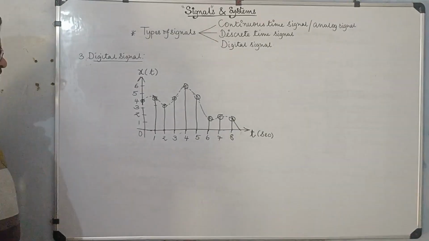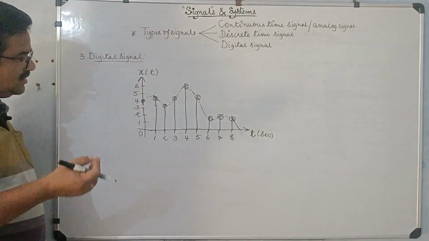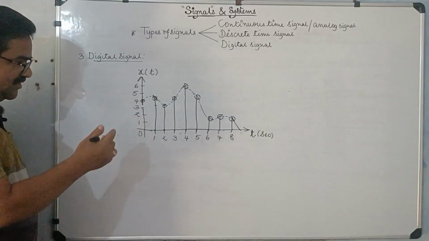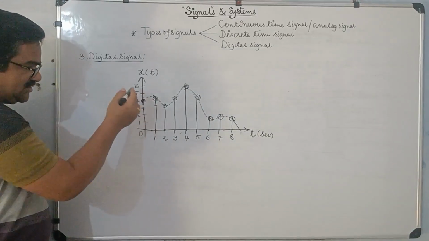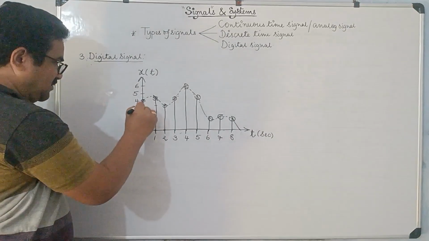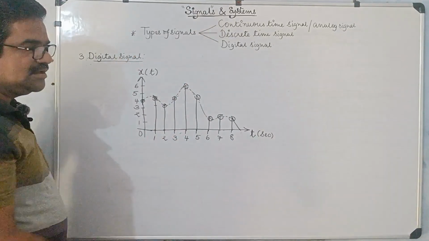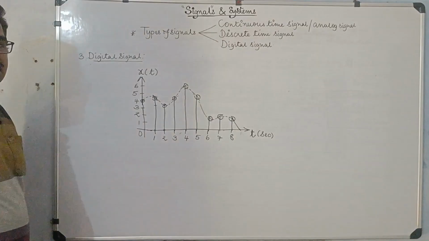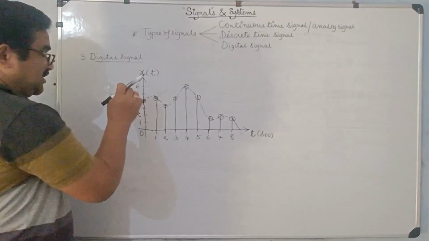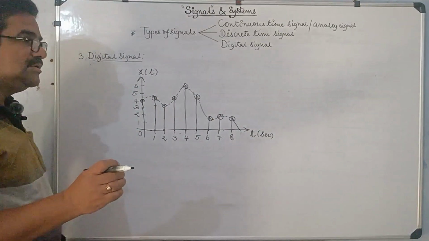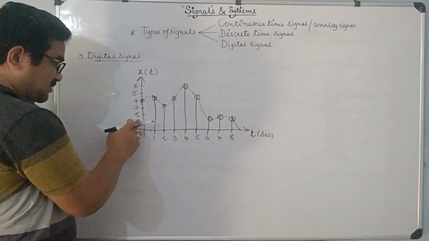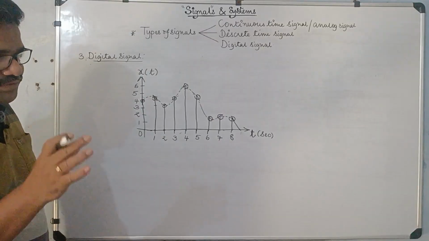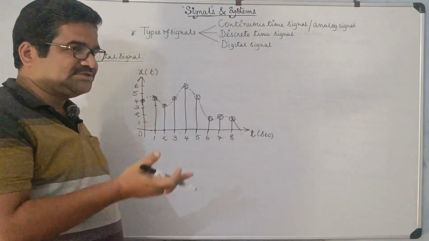Now, if I sample it, the signal is taking continuous values. It is taking 4.5, like that. I have told you here, it is some 4.5 or 3.5 or some 5.8 and so on. I want to make the amplitude also discrete. That is, I want to take the amplitudes like 1, 2, 3, 4, 5, 6 only. I don't want to take any amplitude in between these values.